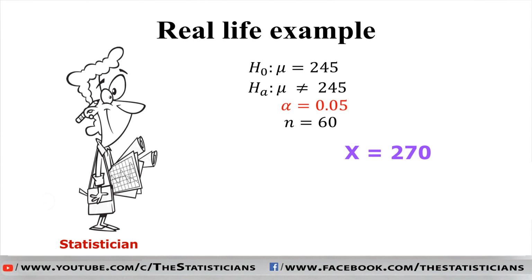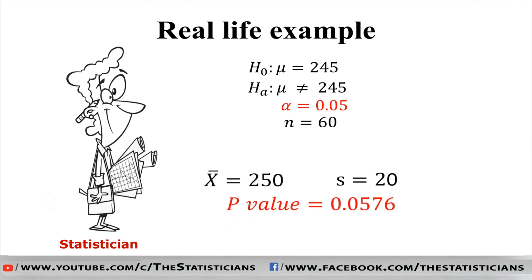However, in this case, the 60 sample values have a mean of 250 ppm with a standard deviation of 20. The statistical software R is used to find the results, and the statistician got a p-value of 0.0576. Judging from the data that we have, there is almost a 6% chance of getting a mean as different if the null hypothesis is true and the mean amount of chemical is 245.